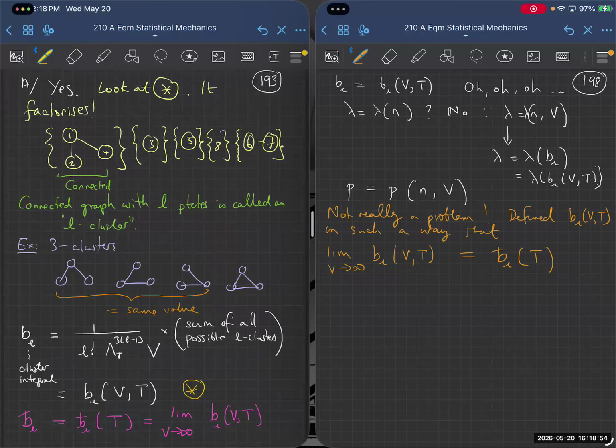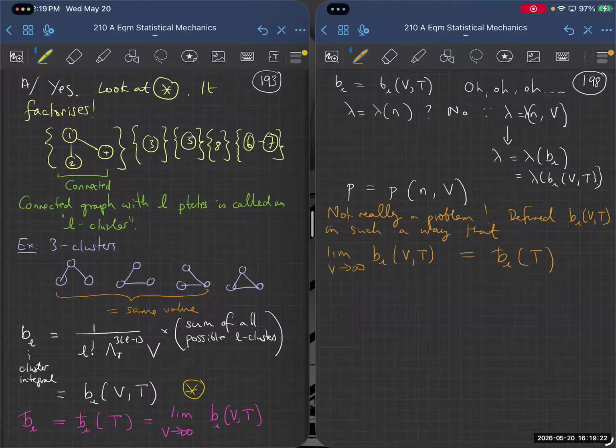So here, look on the left-hand side. There is my definition of B_L. I sum all the L clusters, all these diagrams, and I normalized it in such a way. The implication is that if you compute what those integrals are and look at the factors of V and so on, you will see that it has been done in such a way that when I take the volume to infinity limit, that limit exists.